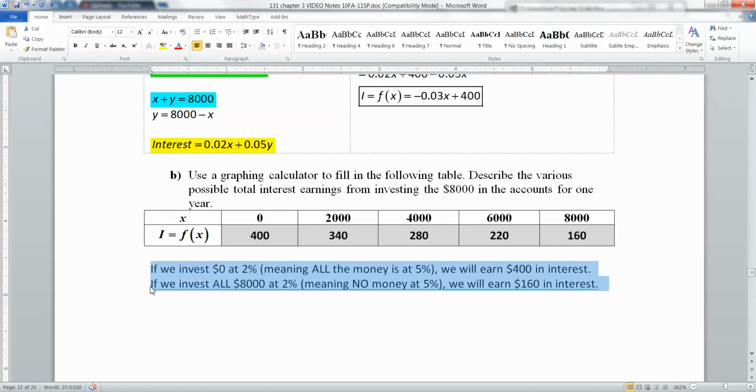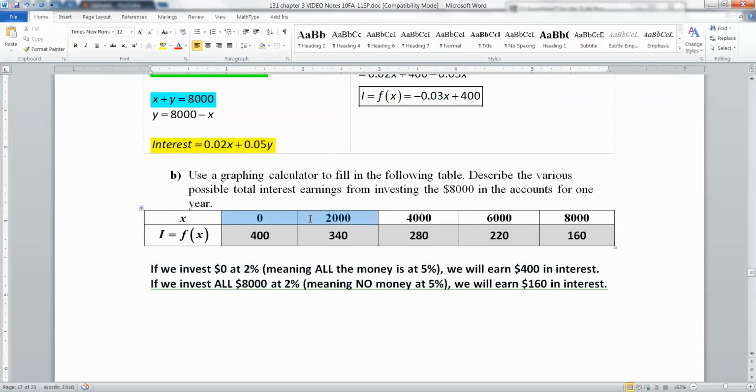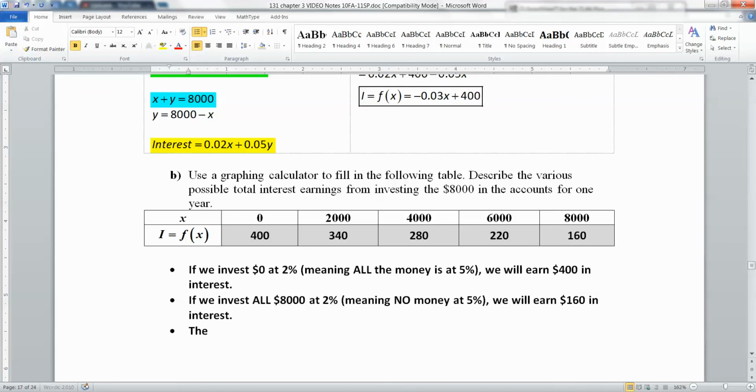So the more money that you invest at 2%, which means the higher the x value is, the less we will earn in interest money.